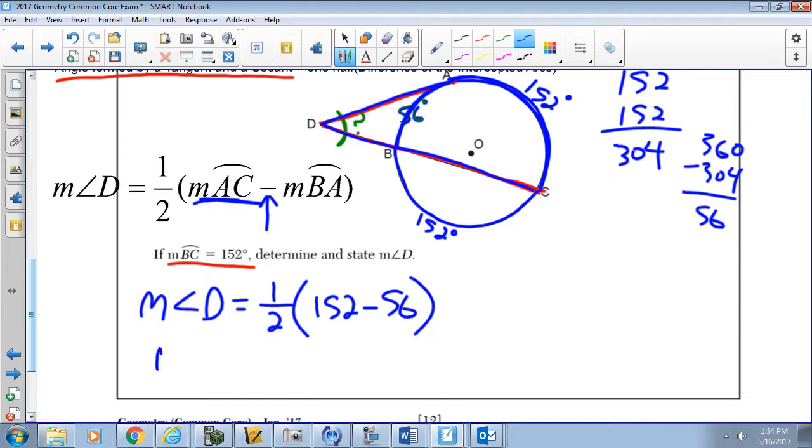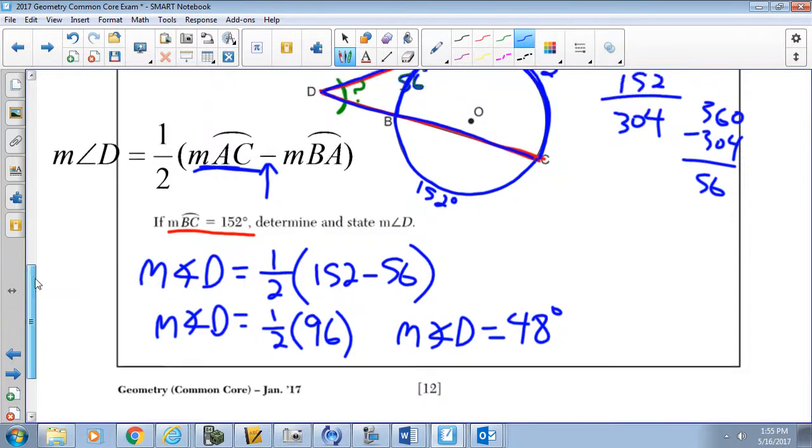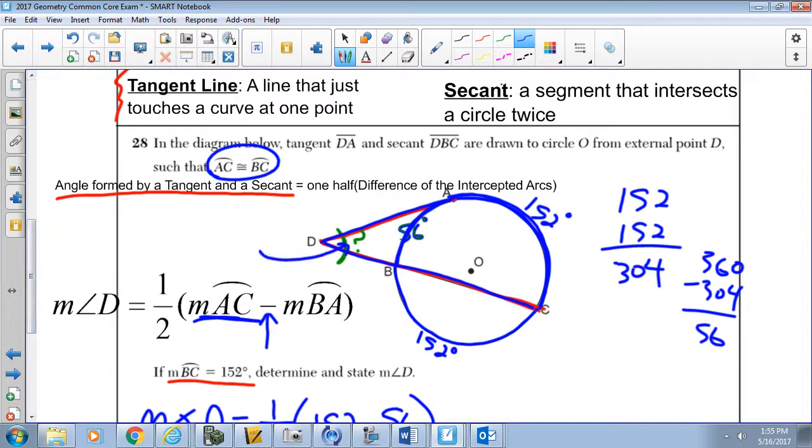So the measure of angle D is equal to 1/2 times 152 minus 56, which is 96. And then the measure of angle D is equal to 1/2 of 96, which is 48. So that means that angle D is 48 degrees.